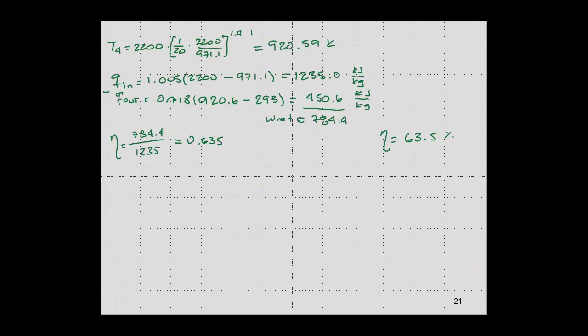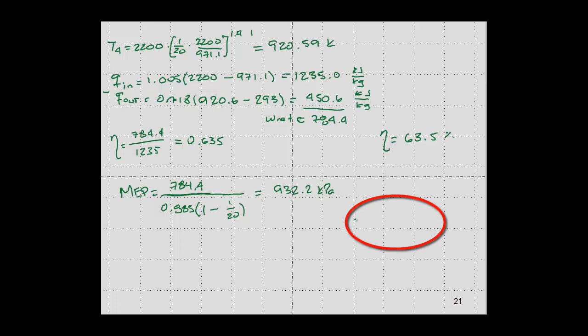And so that means our mean effective pressure is our net work, 784.4, divided by V1, which we already have, 0.885, times 1 minus 1 over 20, and this gives us 932.2 kilopascal.